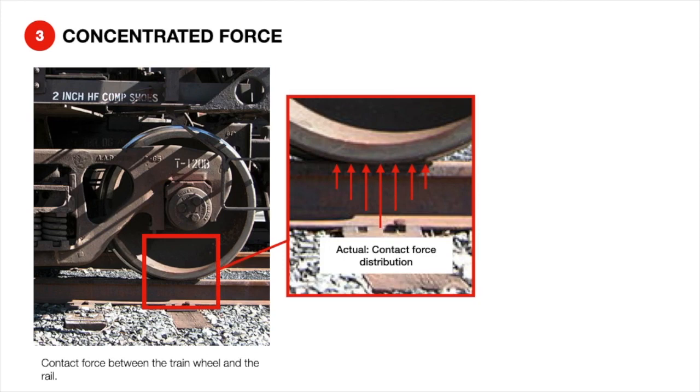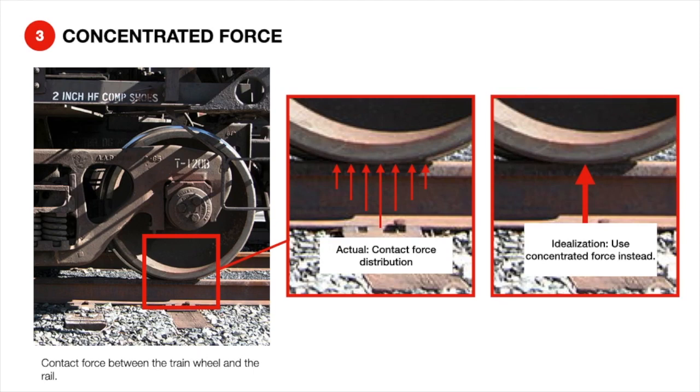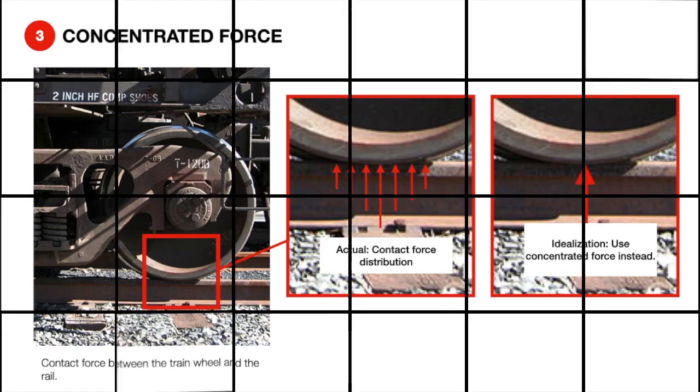But then, we can simplify the loading pattern by assuming the distributed load to be a single concentrated force instead. This kind of simplification only applies if the area over which the load is applied to the body is very small compared to the overall size of the body.